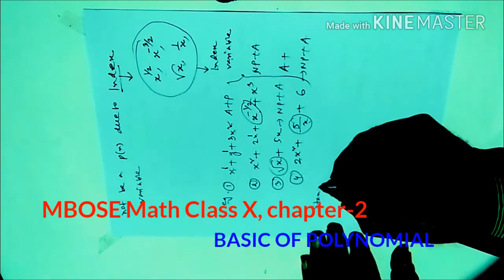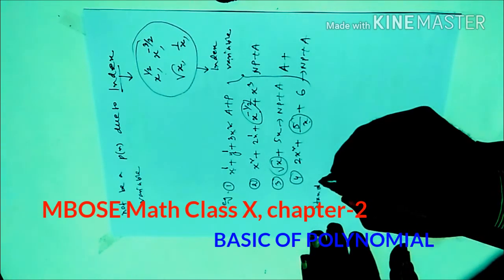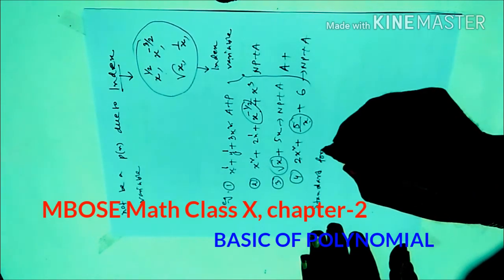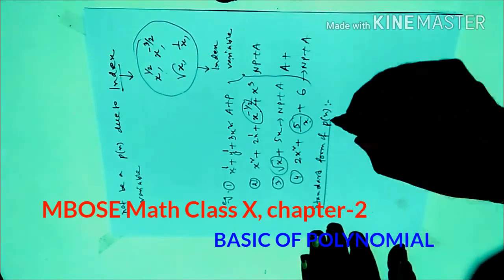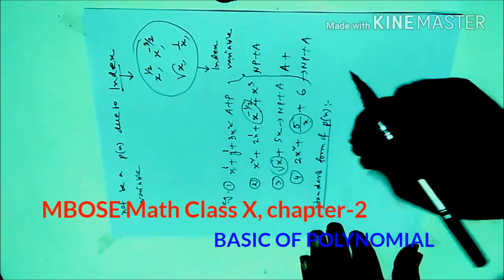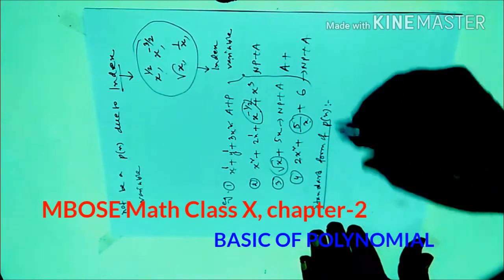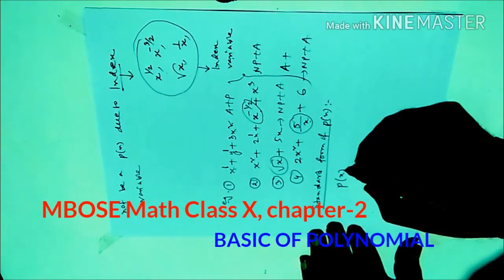So this is the main part: the standard form of the polynomial. These are the minor basics, and these are the main basics. So what is the standard form of the polynomial?